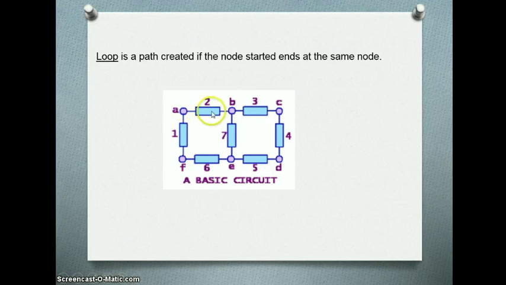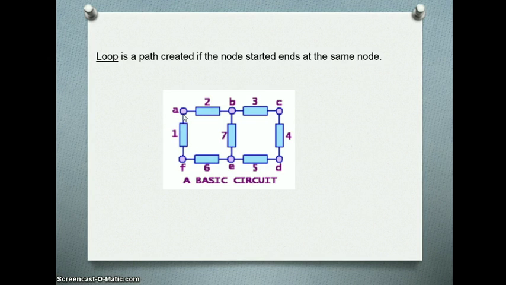There is a loop starting from A to B, coming to E, then F, again back to A. On the other part, you have the second loop formed by B, C, D, E and B. But there exists one more loop, in fact the bigger loop, starting from A, going to B, then C, D, E, F, back to A. So the loops are any closed path.